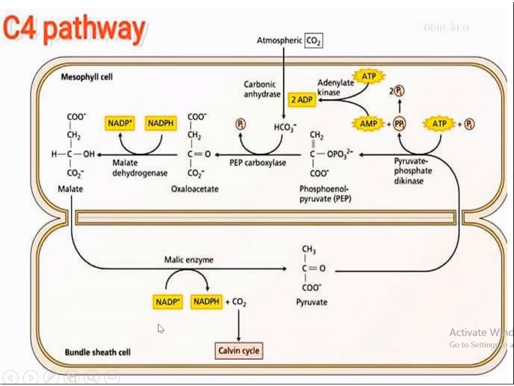In this phase of the C4 pathway, the malate turns into pyruvate by the enzyme malic enzyme.